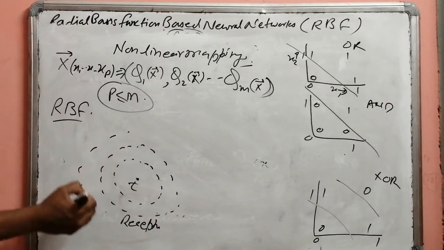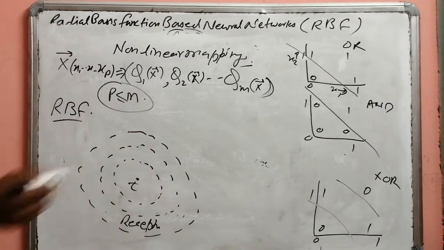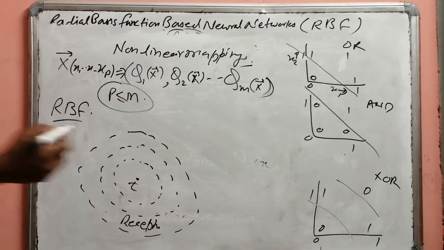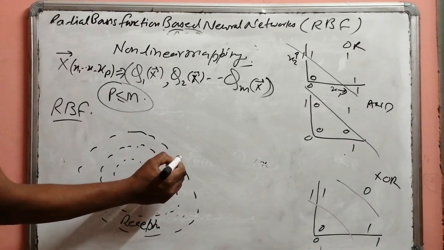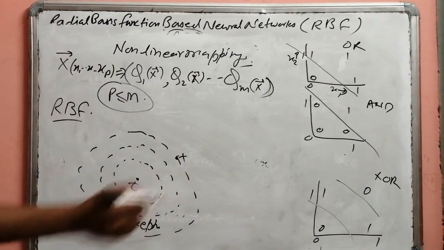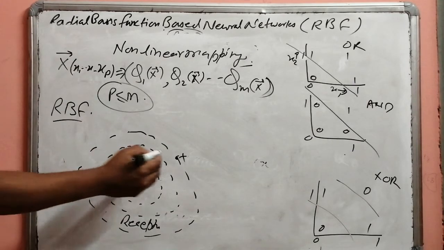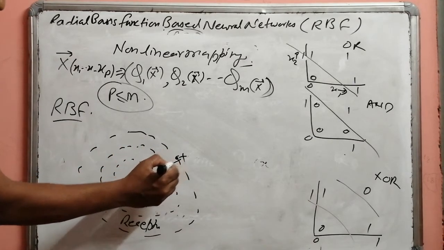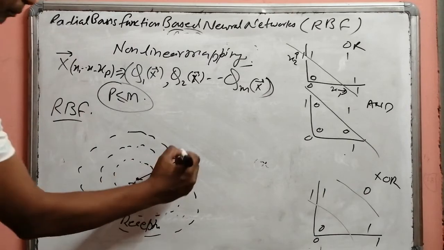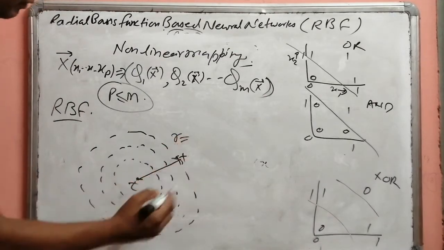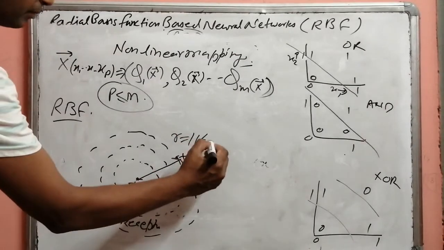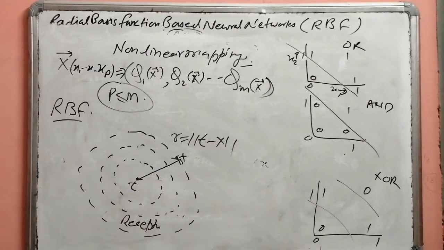Some concentric circles are there around this. Then a new value or new function x coming at any point will be mapped to this receptor by generating a value that is equal to t minus x, and this t minus x, or you can say r, will now be passed to some radial basis function.